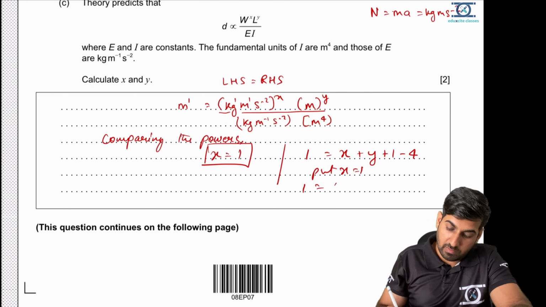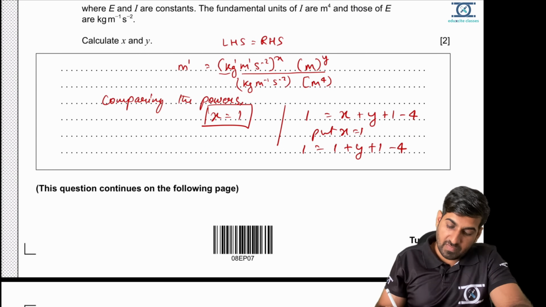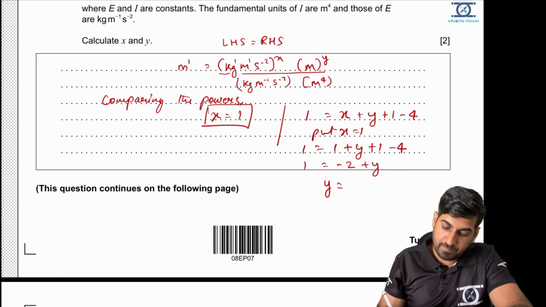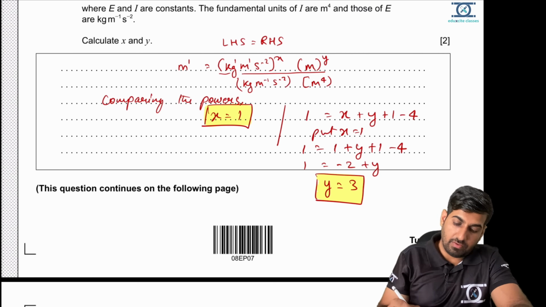So this will be 1 plus y plus 1 minus 4. So you can see this will be minus 2 plus y equals 1, and y will be equal to 3, minus 2 goes to the other side. So x is equal to 1 and y is equal to 3 for this theory.